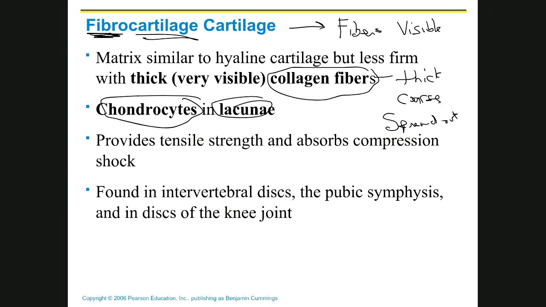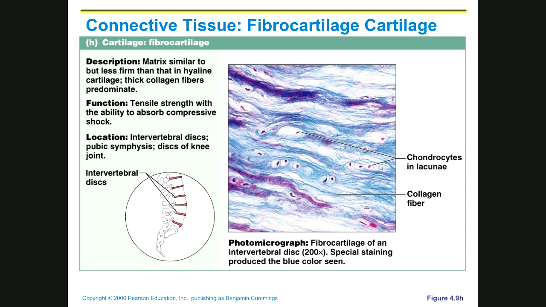Because it's spread out, it can absorb pressure. And it looks like this. Well, there we go. So remember I said collagen tends to stain pink? Well, in this tissue, it's different. Collagen tends to stain blue in this tissue because we use a different stain.